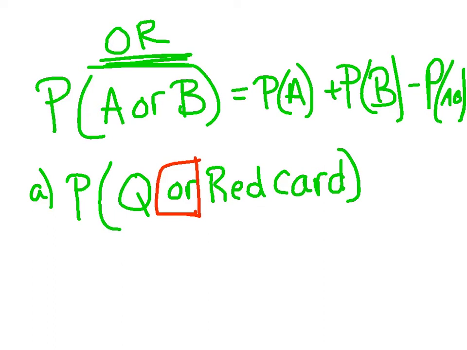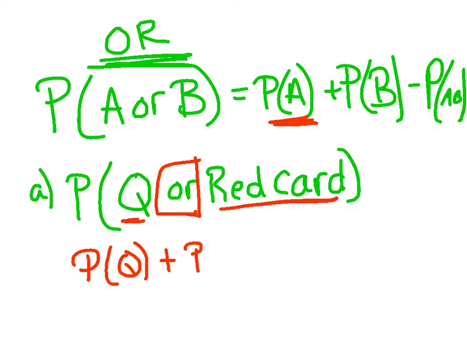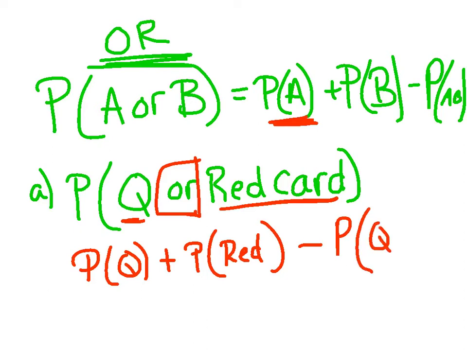So the first thing I have to find is the probability of event A, which is the probability of a queen. And I'm going to add to that the probability of event B, my red card. And then I have to subtract out anything that repeats. Okay, so I'm going to subtract out the probability that I'm a red and queen.